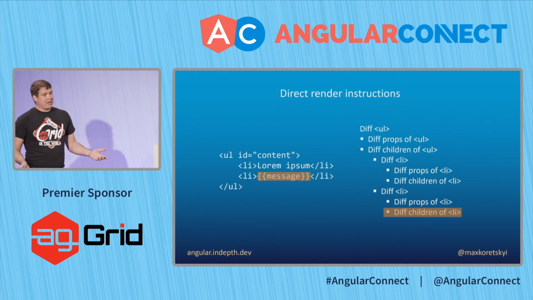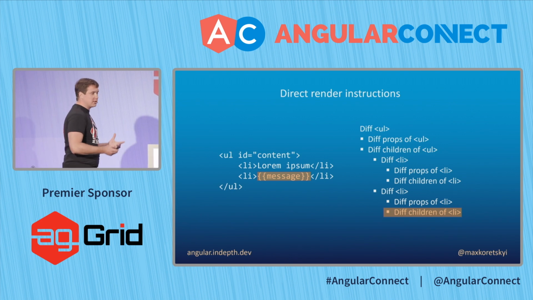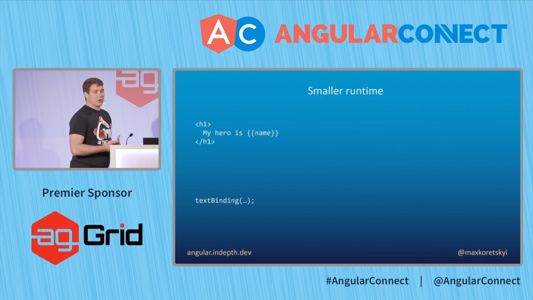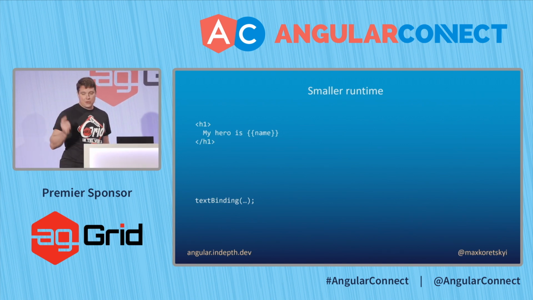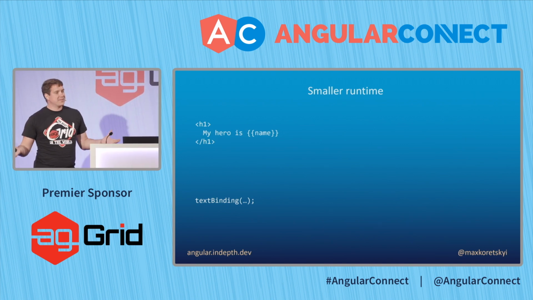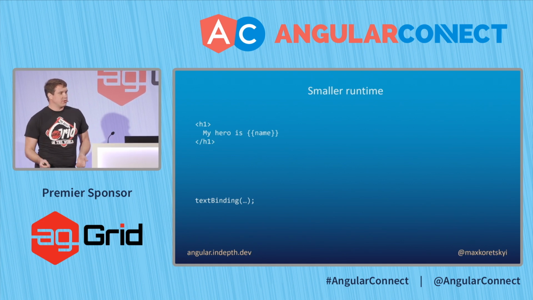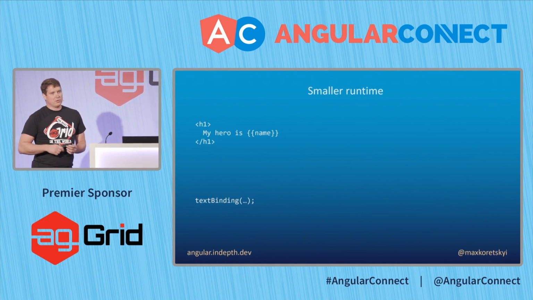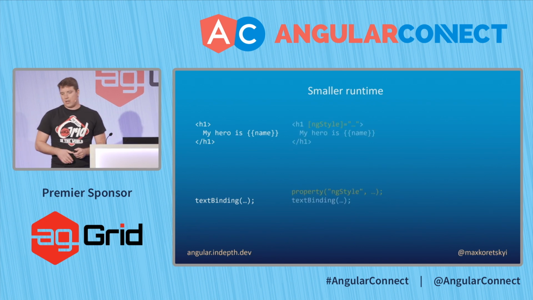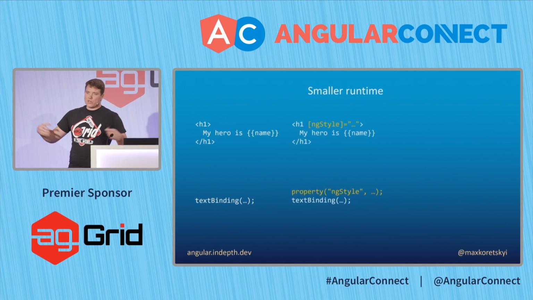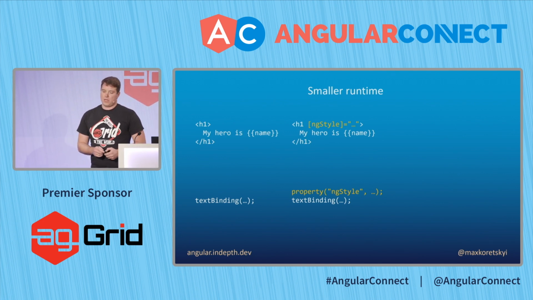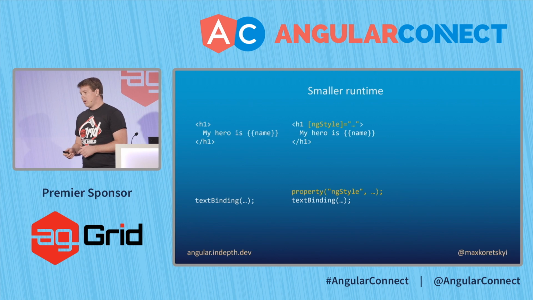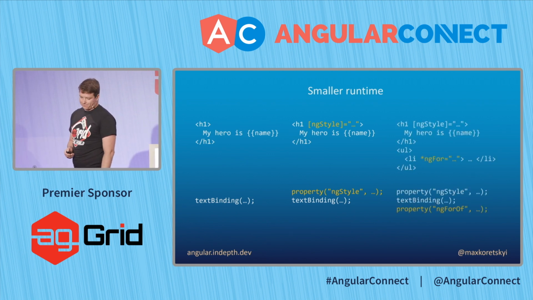There's also the other benefit to having a compiler, and Angular team has talked a lot about that, and this is, of course, smaller runtime, right? Because if you have just one text binding, the compiler needs to produce only the single instruction to process that binding. As soon as you start adding more stuff to the template, for example, directives like ngStyle, it needs to produce more elaborate JavaScript.